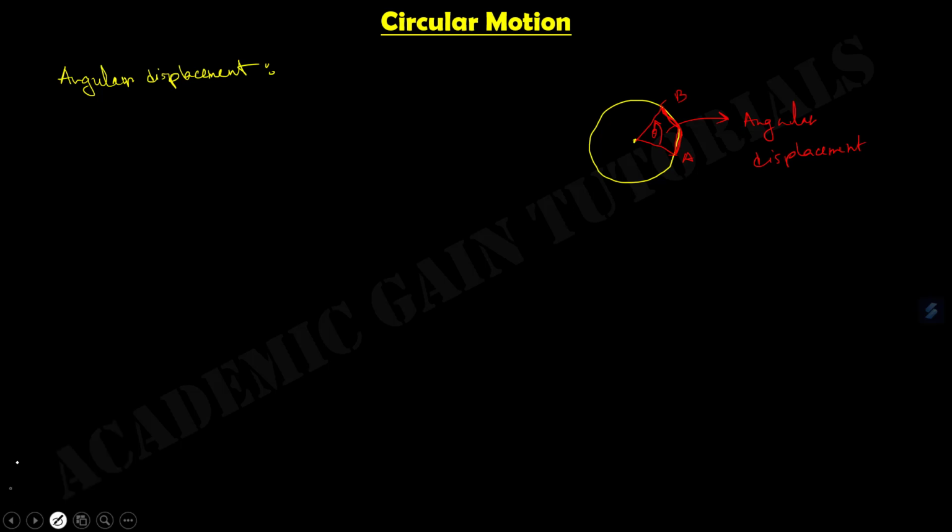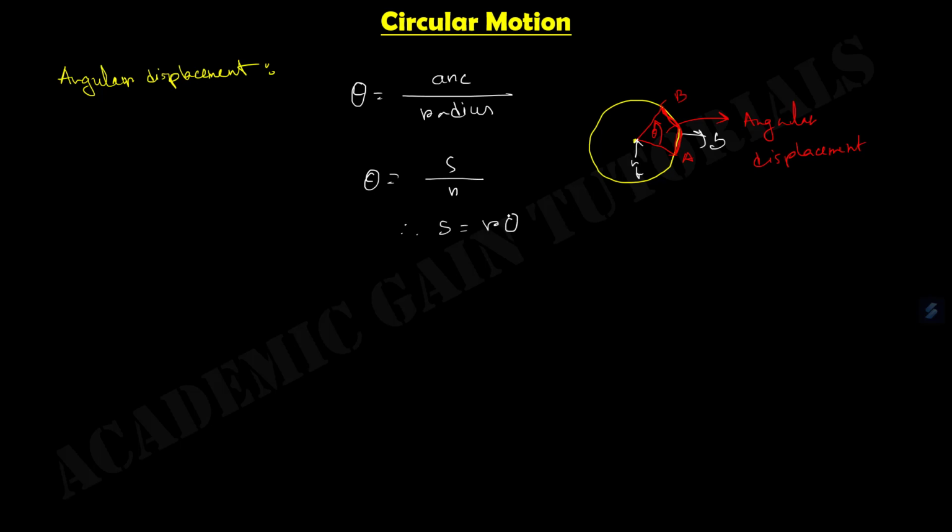Here is the formula for angular displacement. If the displacement is theta, we can write theta equals arc by radius. Suppose here the arc is AB, and the length of this arc is S. So the distance from A to B is S, and suppose the radius of this circle is R. From that we can write theta equals S by R, or S equals R theta.